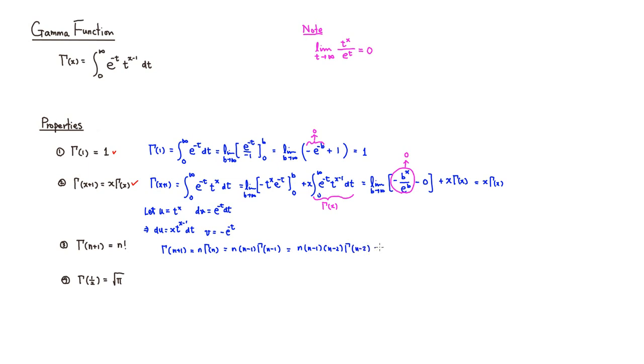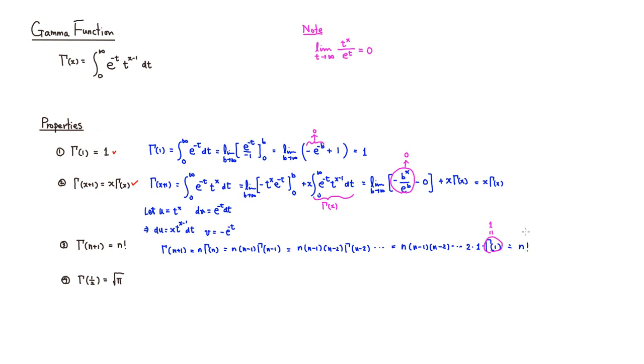You just keep doing that until it becomes 1. So you get n times n minus 1 times n minus 2, and so on, times 2 times 1 times gamma of 1. But property number 1 says that gamma of 1 is equal to 1. Therefore, this is exactly n factorial.